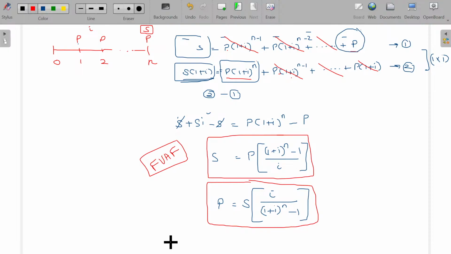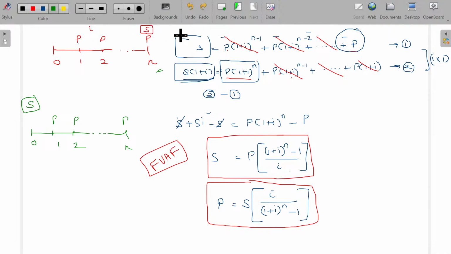Now, what happens in case this one, 0, 1, 2, n. Every period end you have p. Now the question is, what about s here? In this case, you know that by applying this formula, you will get s for the future date.